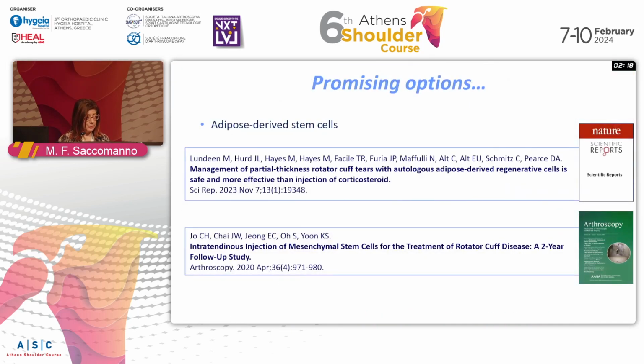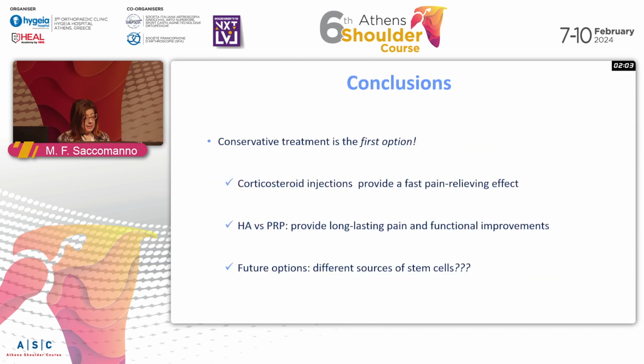Other promising options are for sure stem cells. A couple of studies tried adipose-derived stem cells with promising results. At the end, conservative treatment is for sure the first option. Corticosteroid injection provides fast pain relief.